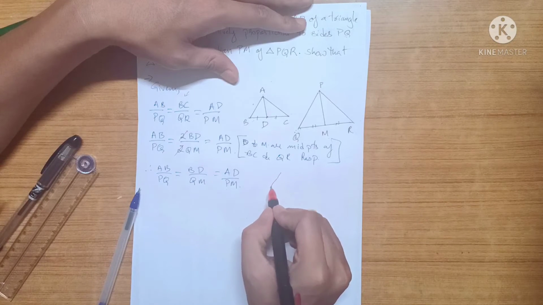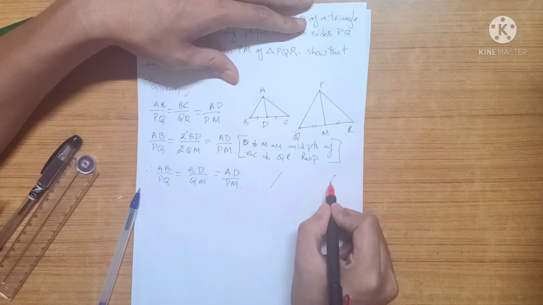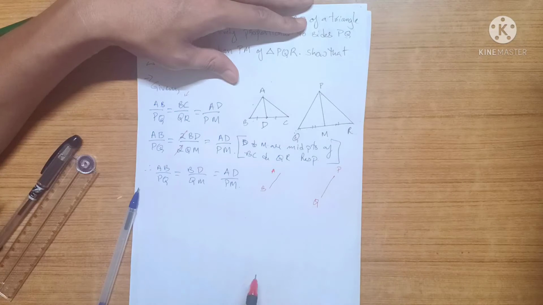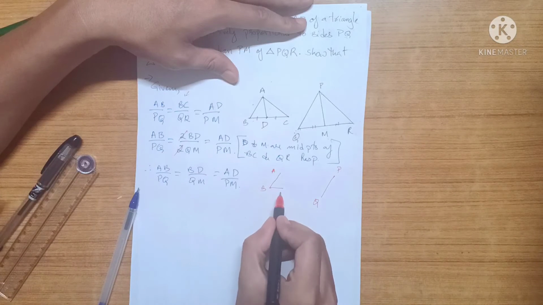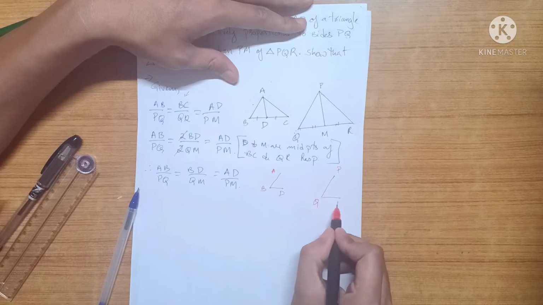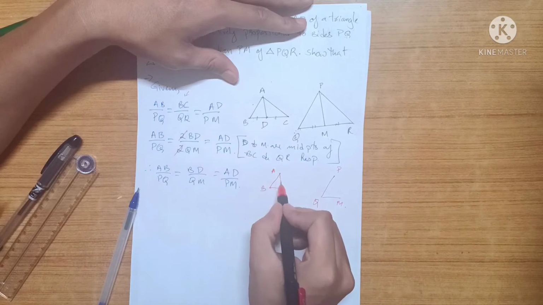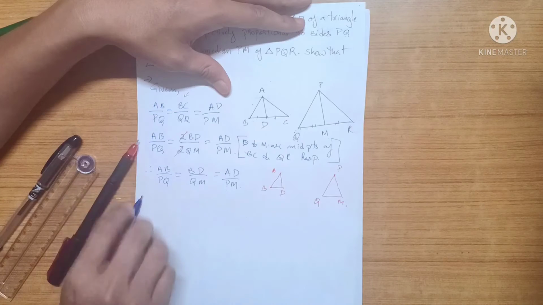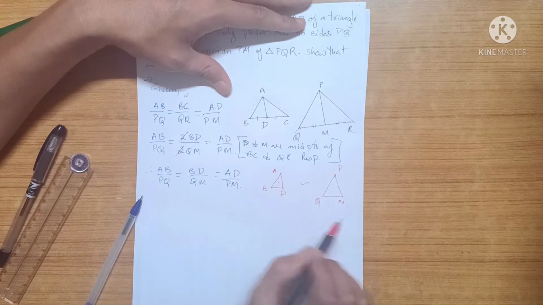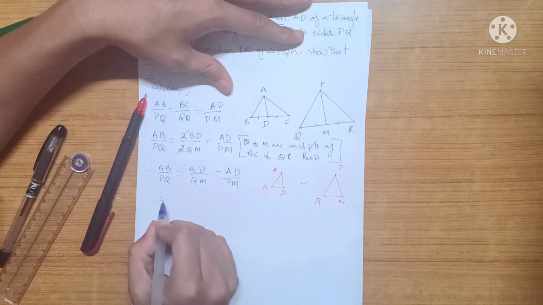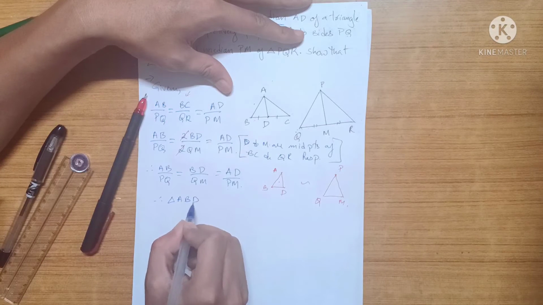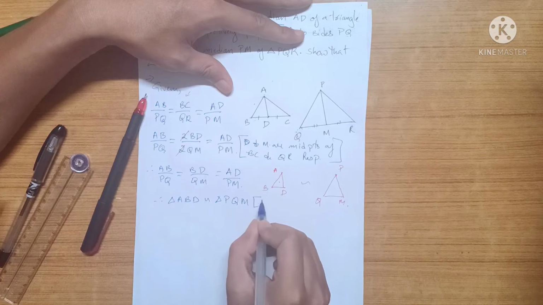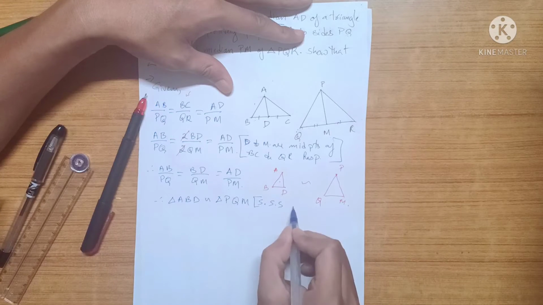We just showed that AB by PQ is equal to BD by QM equal to AD by PM. So which means we just showed that these two triangles are similar to each other. Therefore triangle ABD is similar to triangle PQM. By what property? Side similarity.